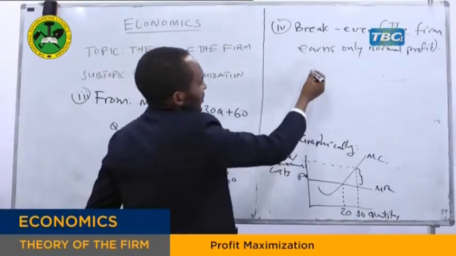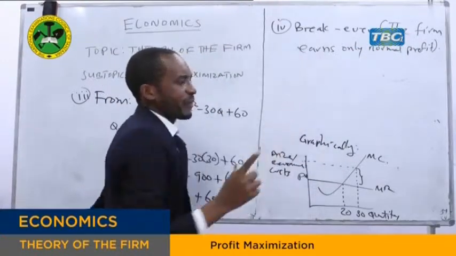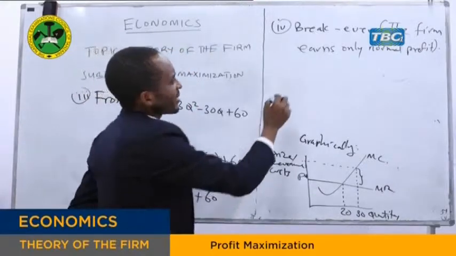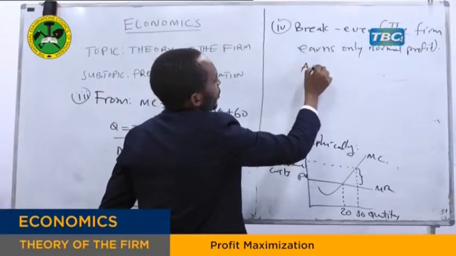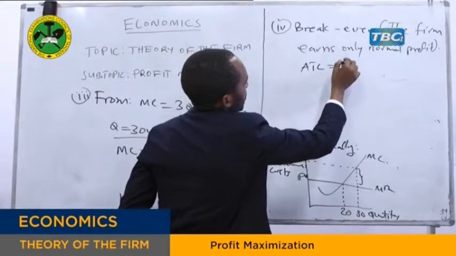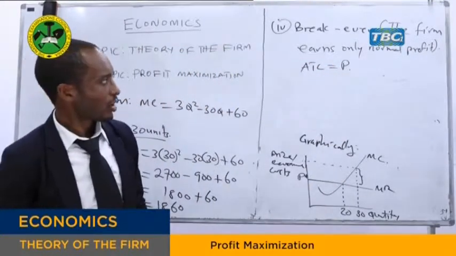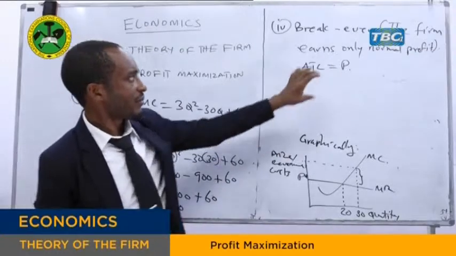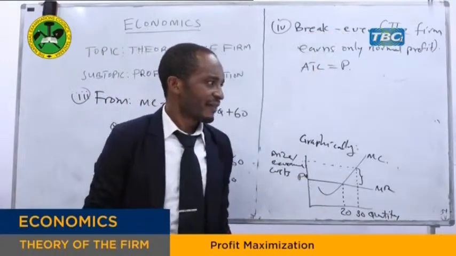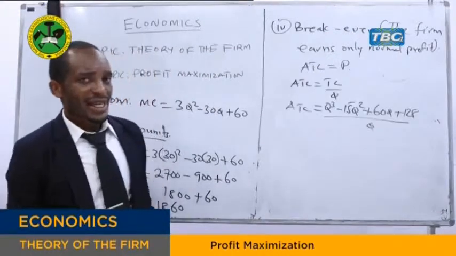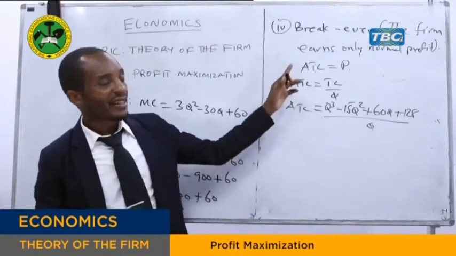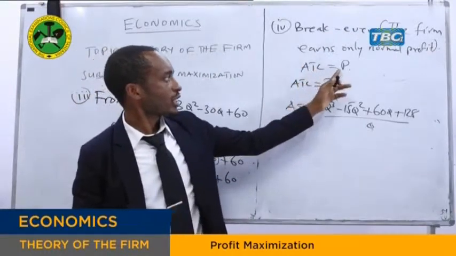Now, we said if the firm earns normal profit, it means the average total cost will be equal to price, or price will be equal to average total cost. So the firm is at a break even. Now we said at a break even, the average total cost is equal to price.